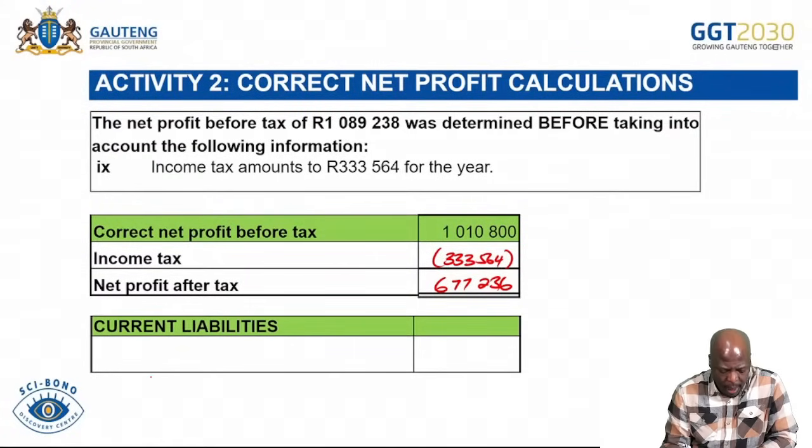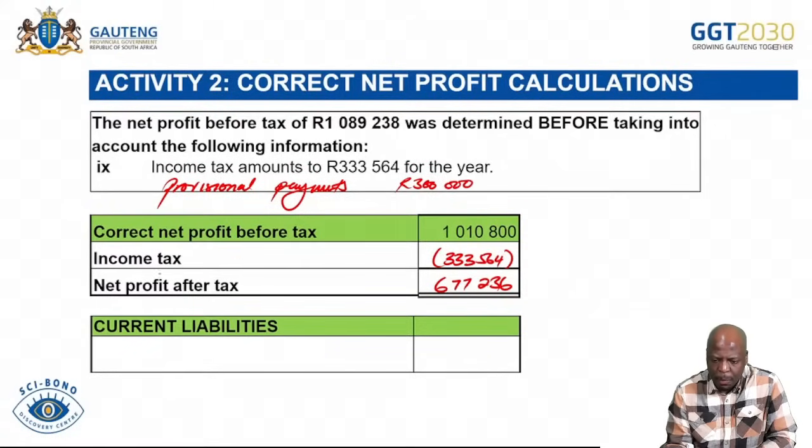All right. Our income tax for the year was 333,564, and the provisional payments were 300,000. So we have made less provisional payments than the income tax.